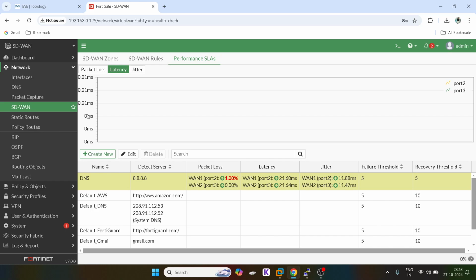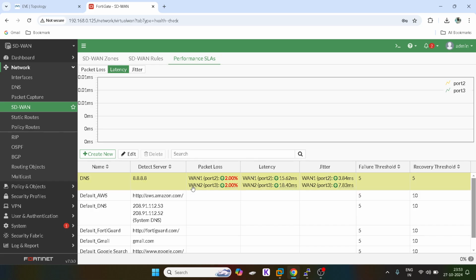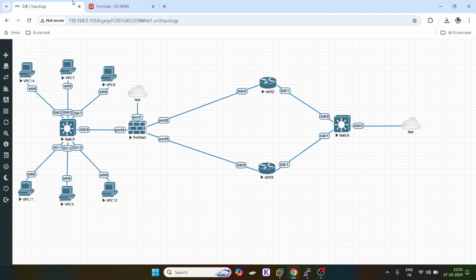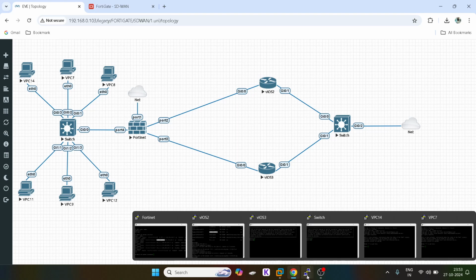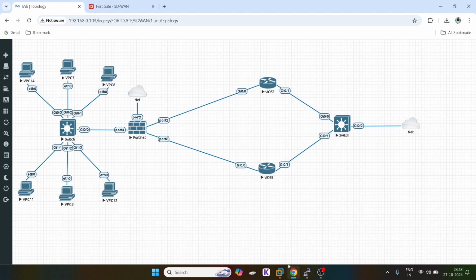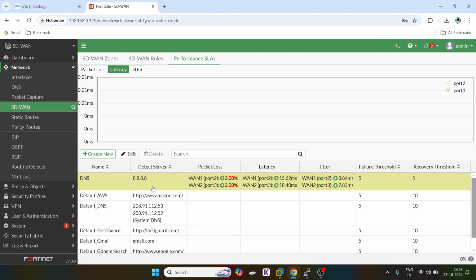As of now the SLA is being satisfied. There is no breach in the SLA. There is packet loss, not sure why it is happening. Loss should not be there.